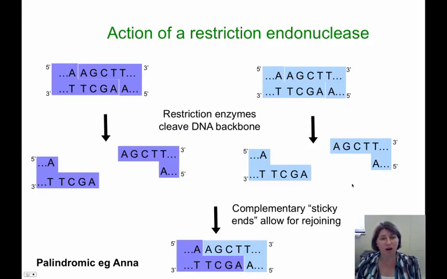And this is by hydrogen bonding. So in this way, we'll be able to get this sticky end to recognise this sticky end and come together to rejoin to each other. Now back to one piece of DNA, but one different piece of DNA with half from one source and half from another.